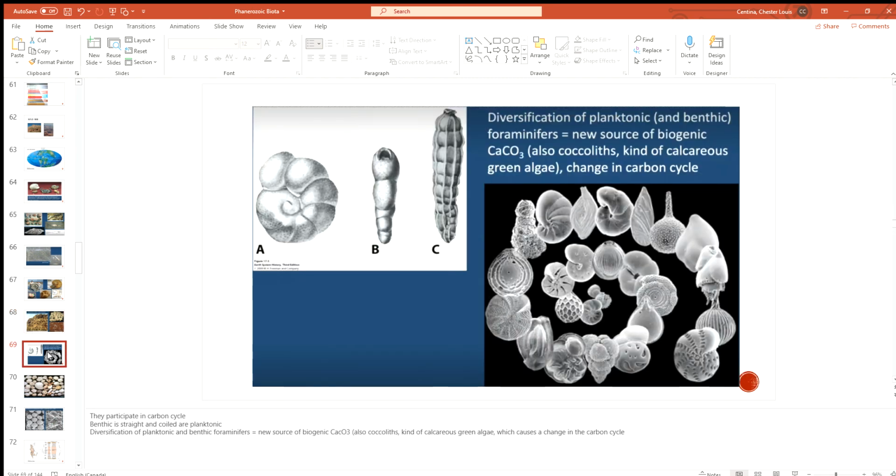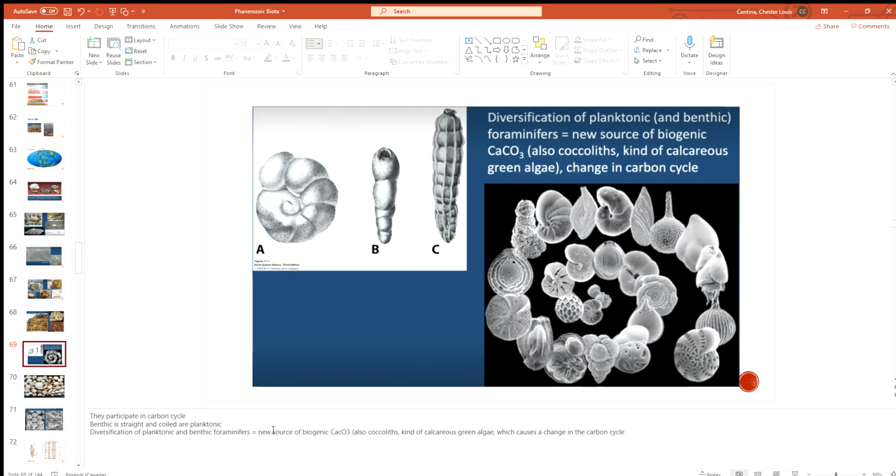Okay. So the diversification of plankton, and basically what I got is that the straight ones are benthic, and the coiled ones are planktonic. And diversification of planktonic and benthic foraminifera.